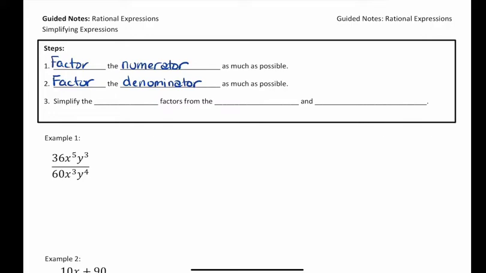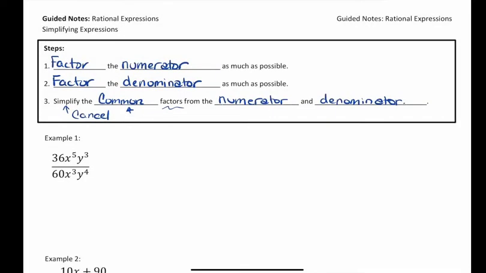That means pulling out a GCF. That means if it's a difference of two squares, if it's a perfect square trinomial, anything like that. If there's anything that you can possibly factor out of it, factor. And that's going to involve, of course, the factors.